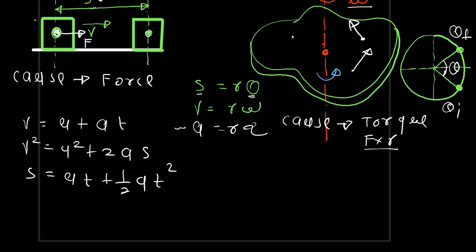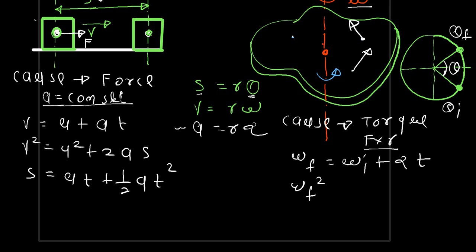Now these similar equations are for when acceleration is constant. We call this uniform acceleration motion. If this is a uniform acceleration motion, then these equations control the whole linear motion. So similar equations are possible here. Omega final, just like the final velocity, is omega initial plus alpha into t.